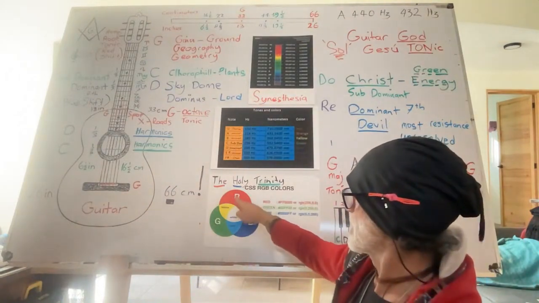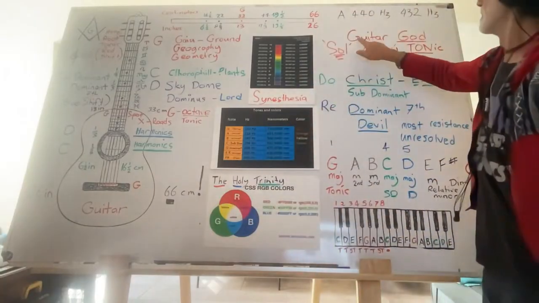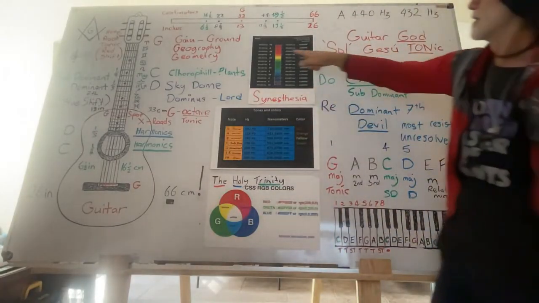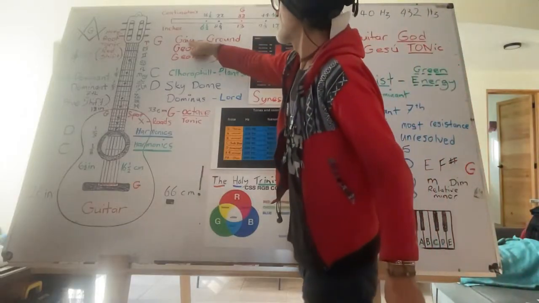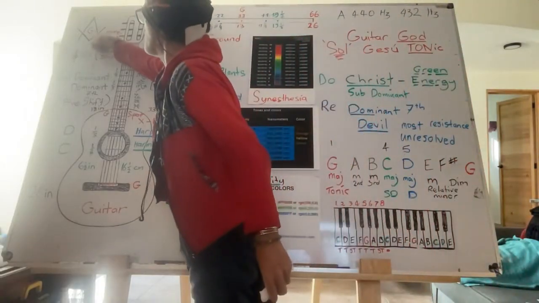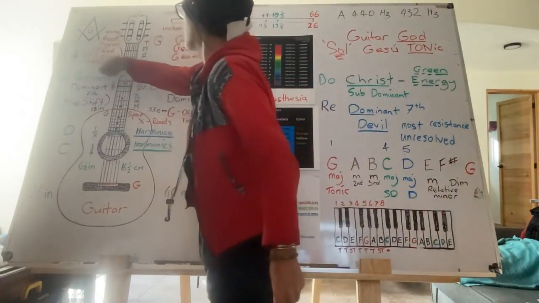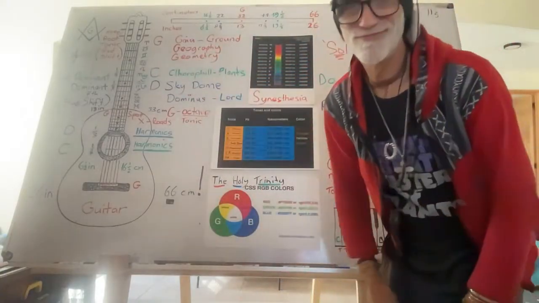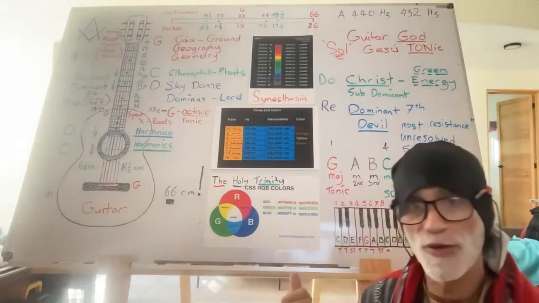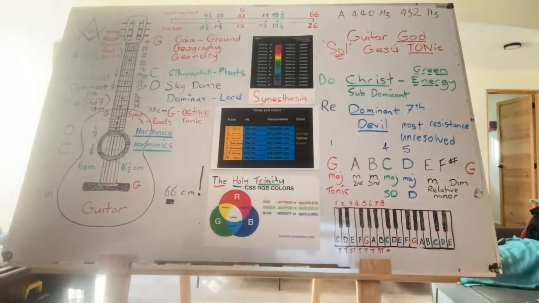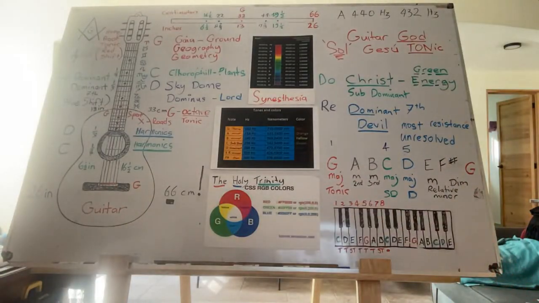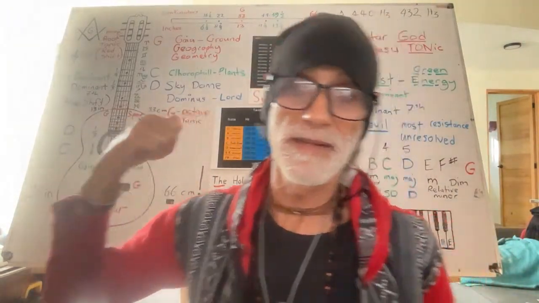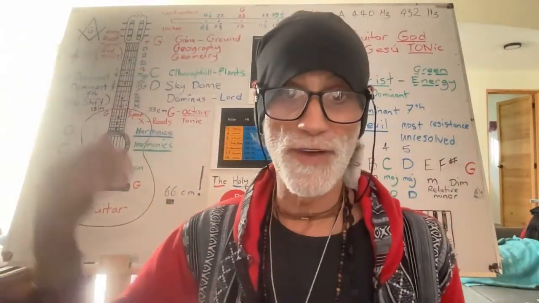So go home and be grounded with your guitar, God, Gaia, ground, Gaia, geometry, the G clef. It's all there. I mean, if you've got that screenshotted, time for a screenshot right now. You've got the keys to making everyone around you, including yourself, happy.